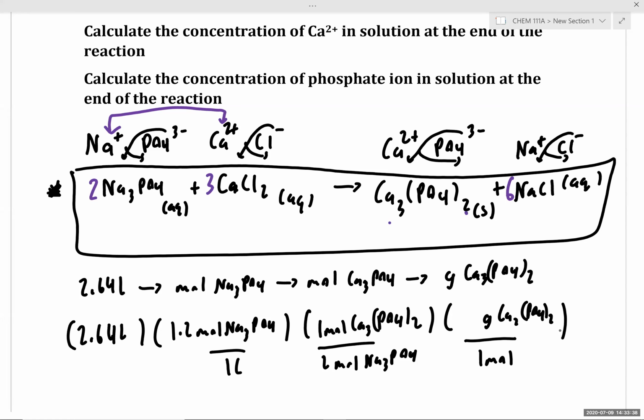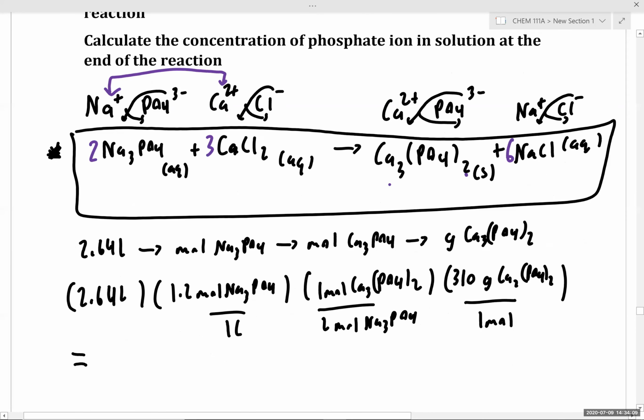So punching the molar mass into our calculator for calcium phosphate, one moment. The molar mass of calcium phosphate is 310 grams per mole.